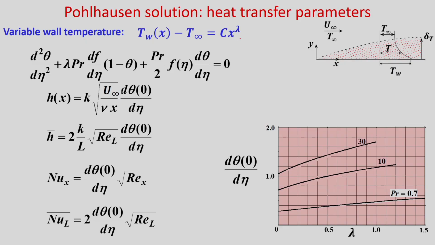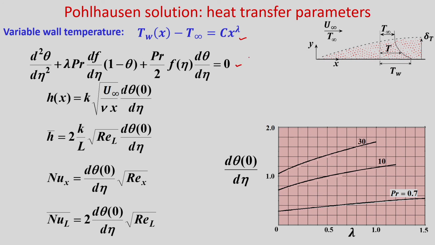So, now let us consider the variable wall temperature that we started with during the derivation. We have shown from the analysis that T w varies as T w is equal to T infinity plus C x to the power lambda, where C is a constant. So, the variable wall temperature T w x minus T infinity you can write as C x to the power lambda, and this is the Pohlhausen equation.